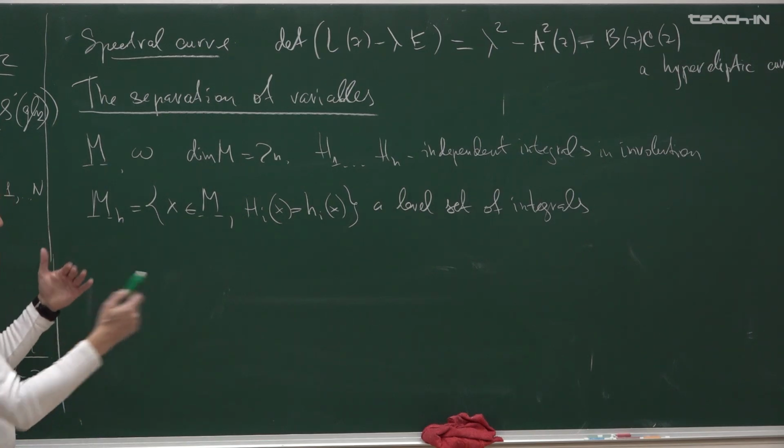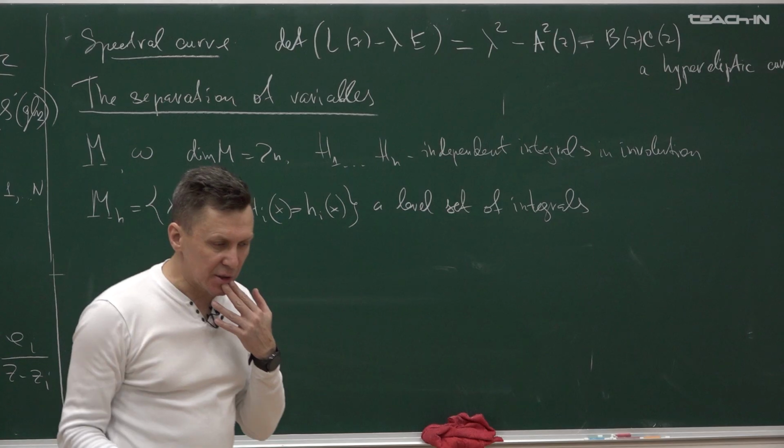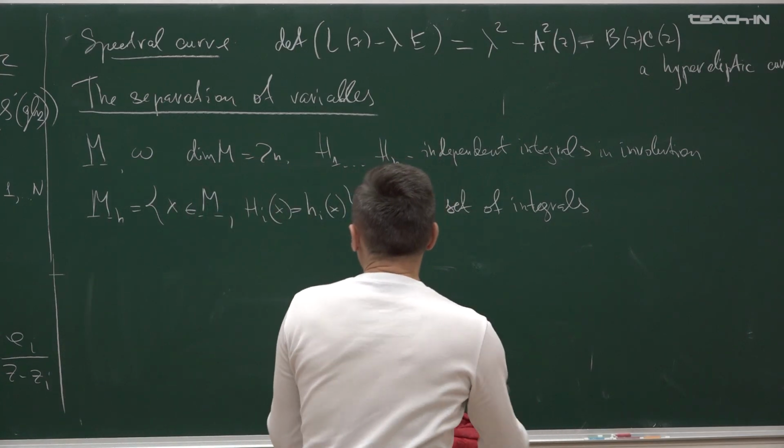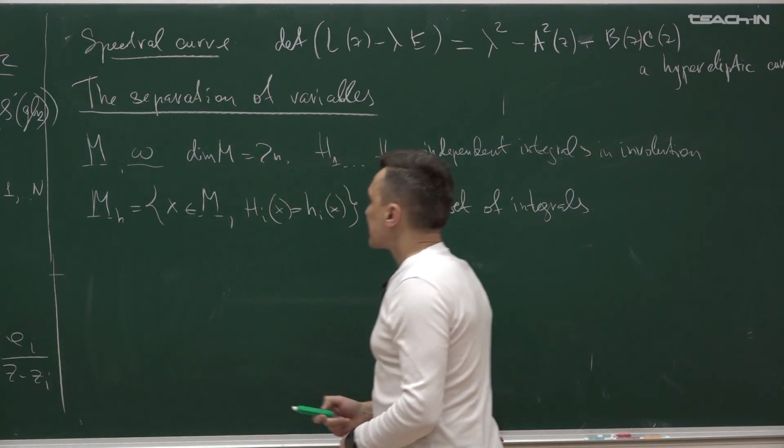It is a subvariety of dimension n, which is Lagrangian with respect to the symplectic form.